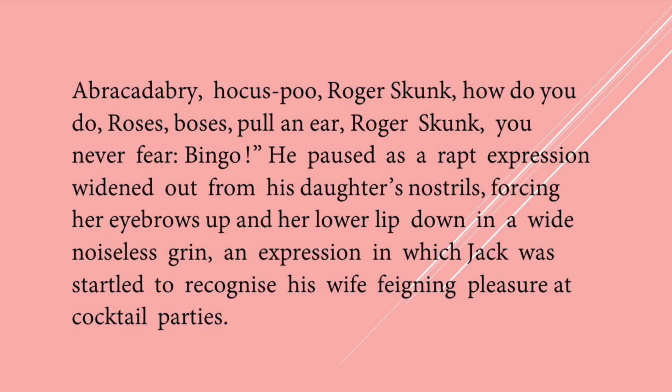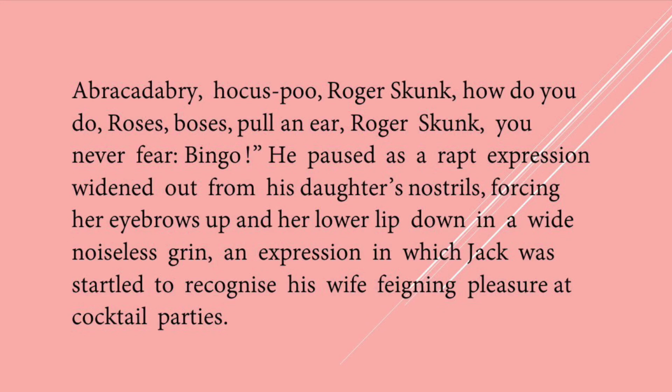So he paused as a rapt expression widened out from his daughter's nostrils, forcing her eyebrows up and her lower lip down in a wide, noiseless grin, an expression in which Jack was startled to recognize his wife's feigning pleasure at cocktail parties. So when he finished chanting this magic spell, he found that his daughter was surprised. She was quite happy and her expression was so funny.